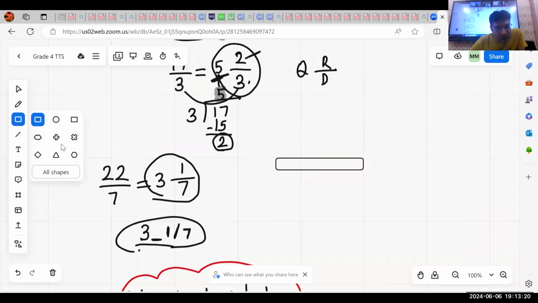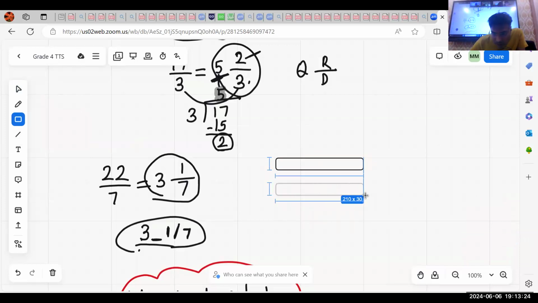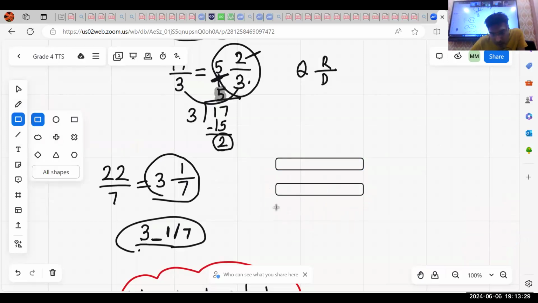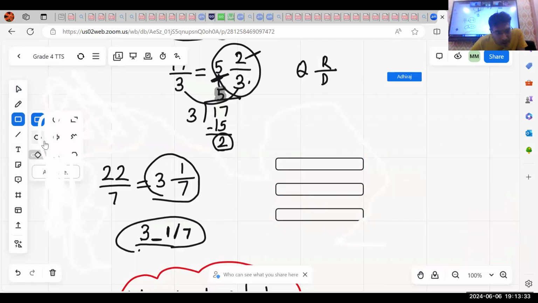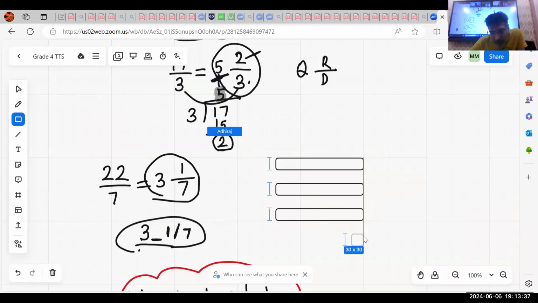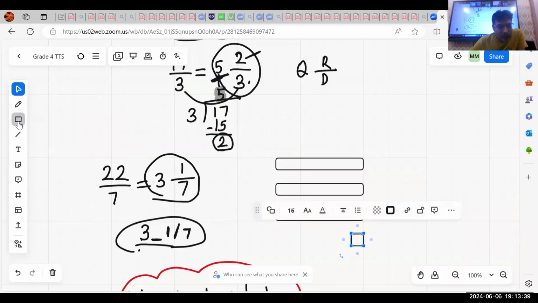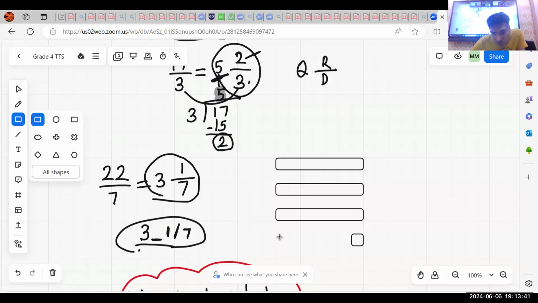You can imagine it is a chocolate, you can imagine it as anything. So one part, two parts, and three full parts means one more I will draw. And then this much. Adhiraj, don't annotate it up. So this is 1 by 7 if I take this as a whole.